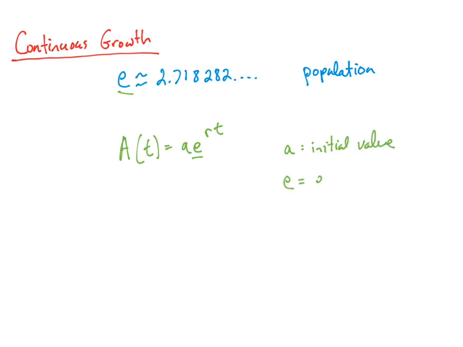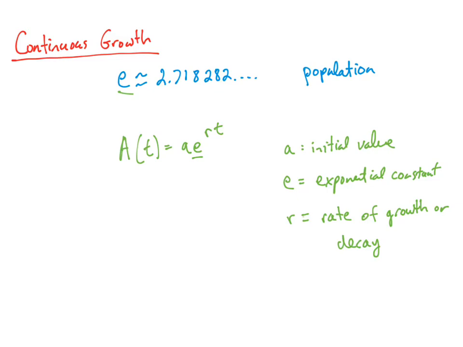E is the exponential constant. R is the interest rate, or the rate of change, because it won't be something financial, so we'll say rate of growth or decay.